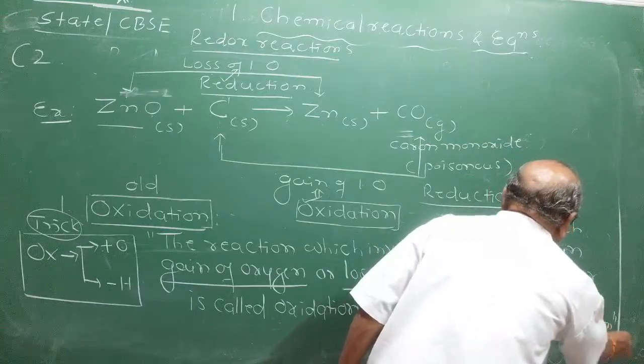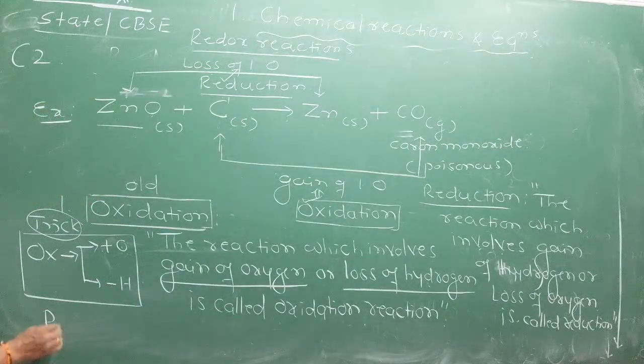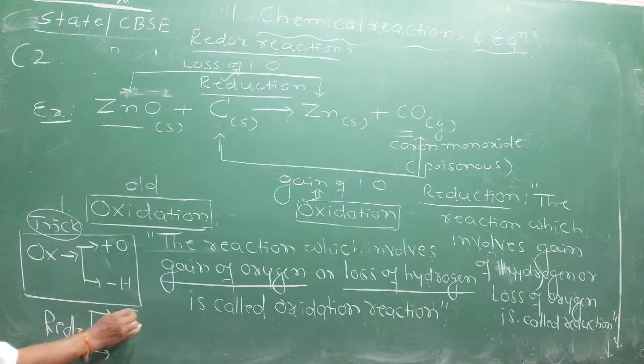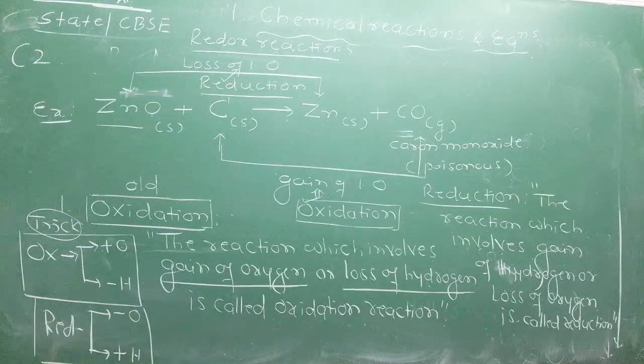Try to understand clearly. I'll give the trick. Red: have this memory map, minus O, plus H. Reduction means removal of oxygen or addition of hydrogen.